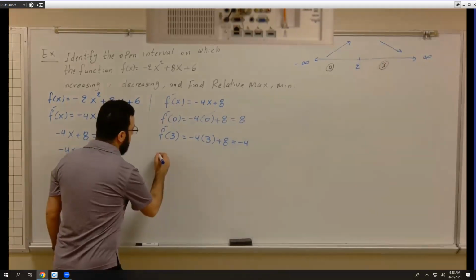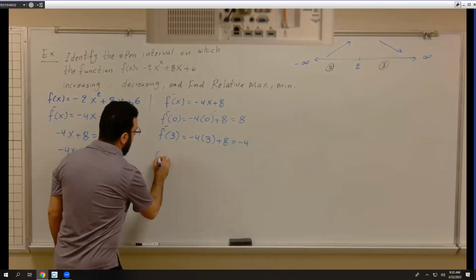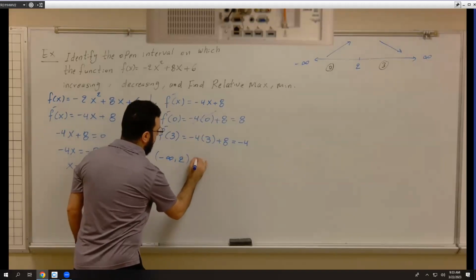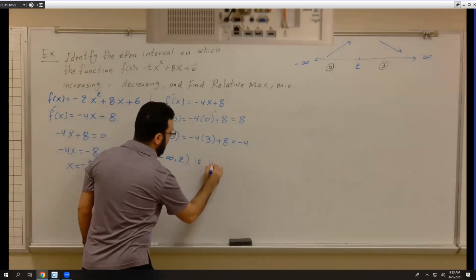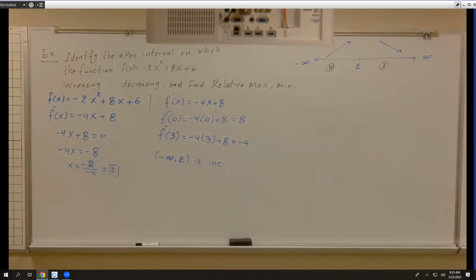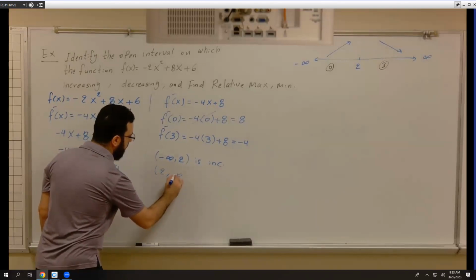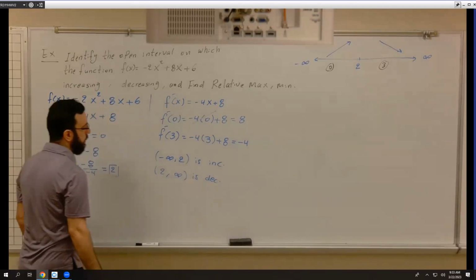So the interval is from negative infinity to the critical number 2, the function is increasing. From 2 to infinity, the function is decreasing.